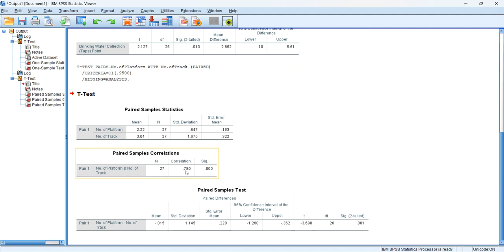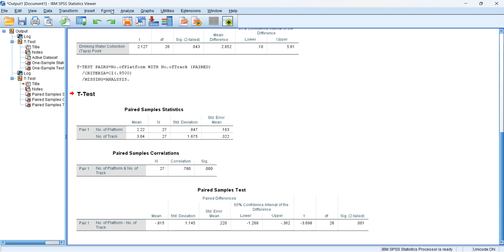The r value is 0.78, not percent, more than 0.75, so it is significant. Your p value is far less than 0.05, so it is statistically significant. This is the paired sample test, so you can justify your hypothesis.